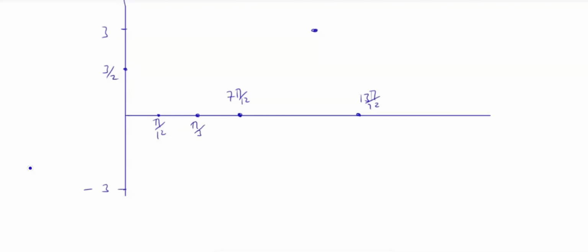Then we had our amplitude up there, which was 5 pi over 6.